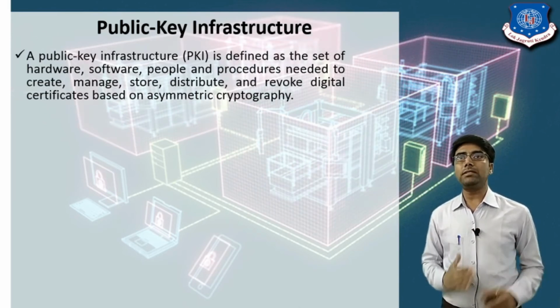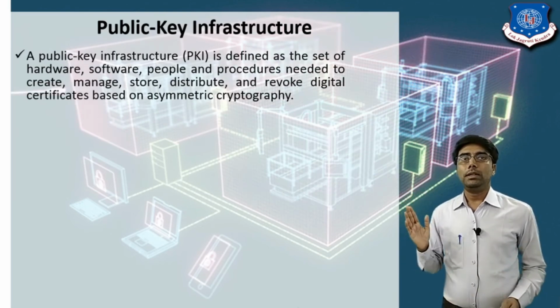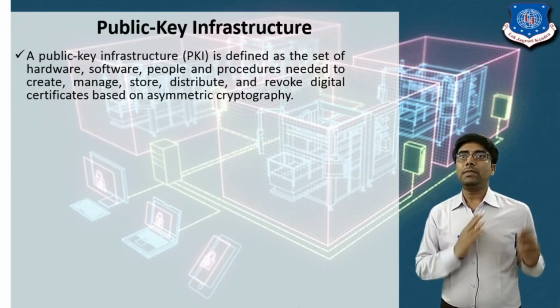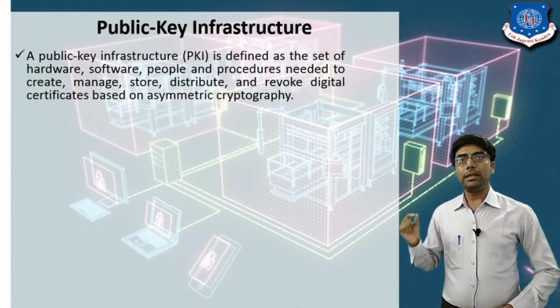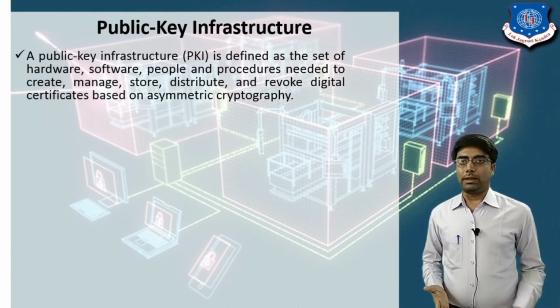Now you know asymmetric cryptography: we use two keys for encryption and decryption, and each and every user has one private key and one public key.